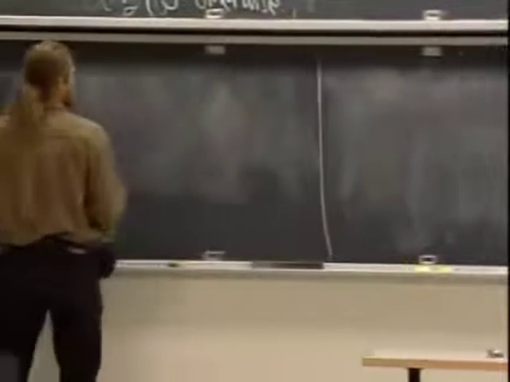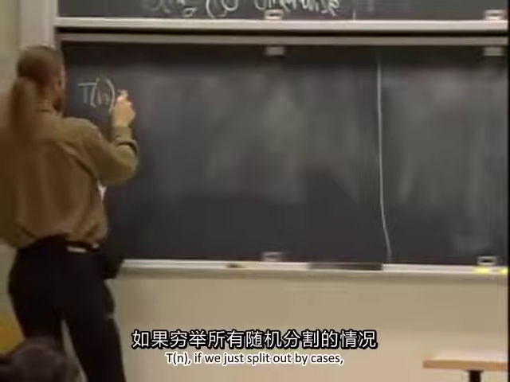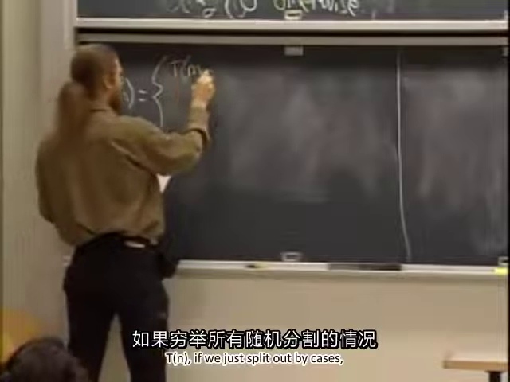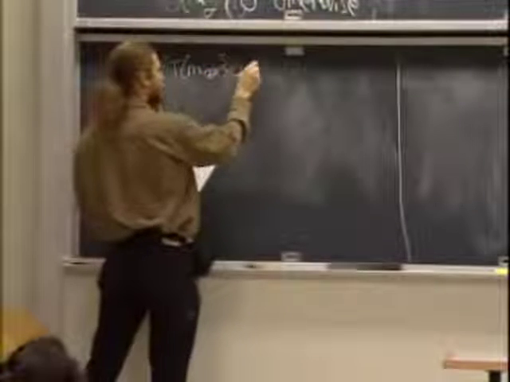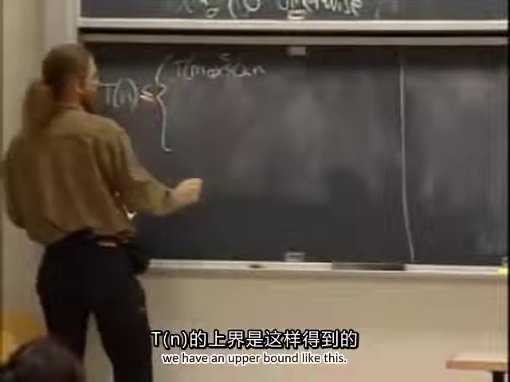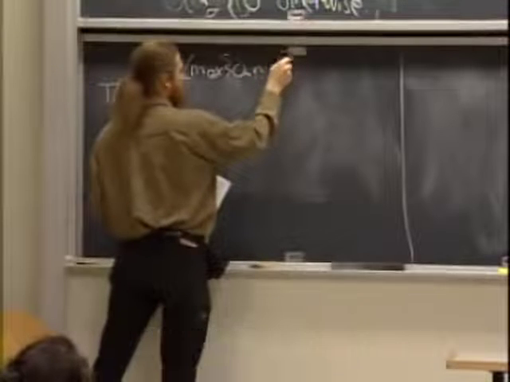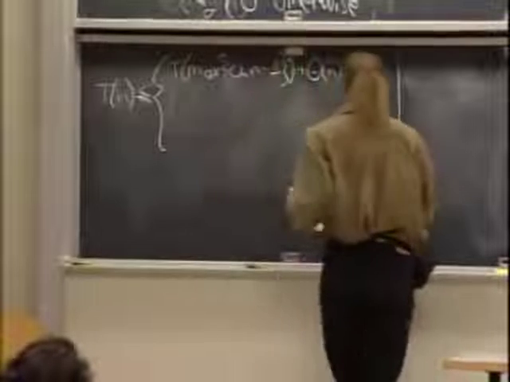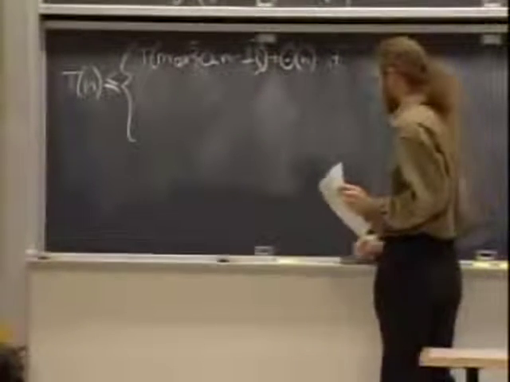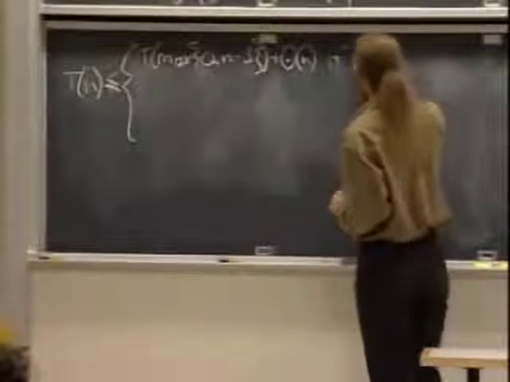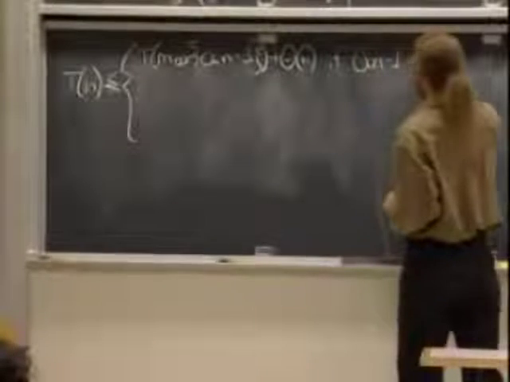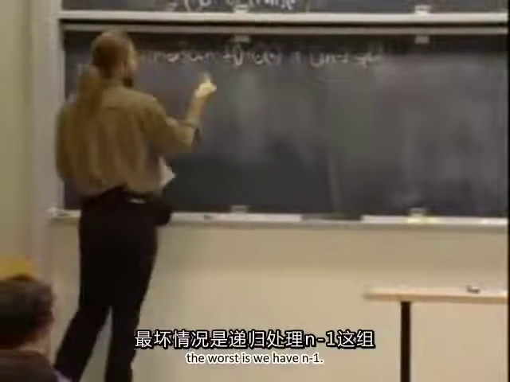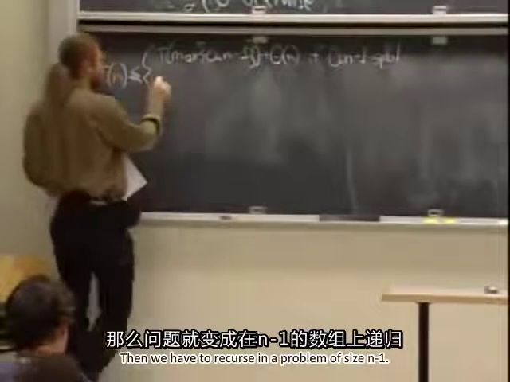Okay, so T of n. If we just split out by cases, we have an upper bound like this. If we have a 0 to n minus 1 split, the worst is we have to recurse on a problem of size n minus 1.